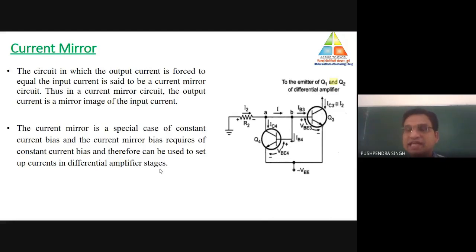For the design of this current mirror circuit, we need to use two identical transistors, the same as transistor number 1 and transistor number 2 which we discussed in the differential amplifier, where Q1 and Q2 were identical. Similarly here, Q3 and Q4 are identical to each other. Identical means all the characteristics of Q3 and Q4 will be the same. That means VBE3 must equal VBE4, IB3 must equal IB4, and IC3 must equal IC4.